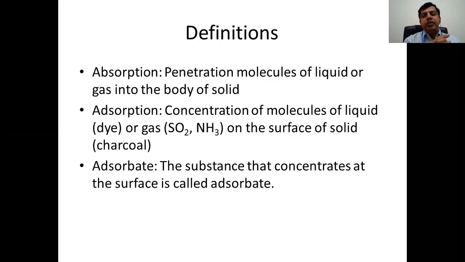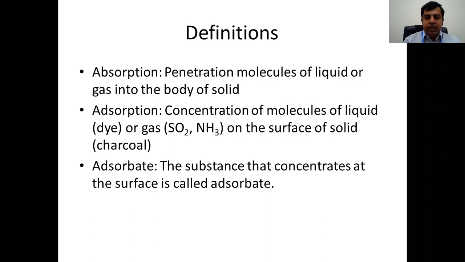So further to clarify the concept, we will not be using liquid, solid or gas to define what is happening on the surface, but scientifically we will discuss with terminology, and the first one is called the adsorbate. Adsorbate is the substance that concentrates at the surface.